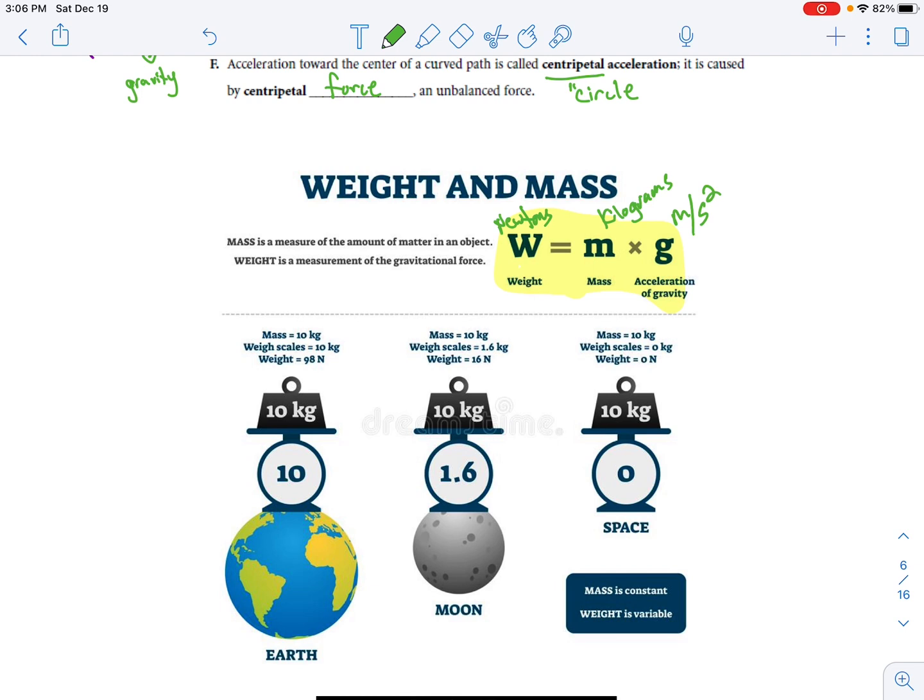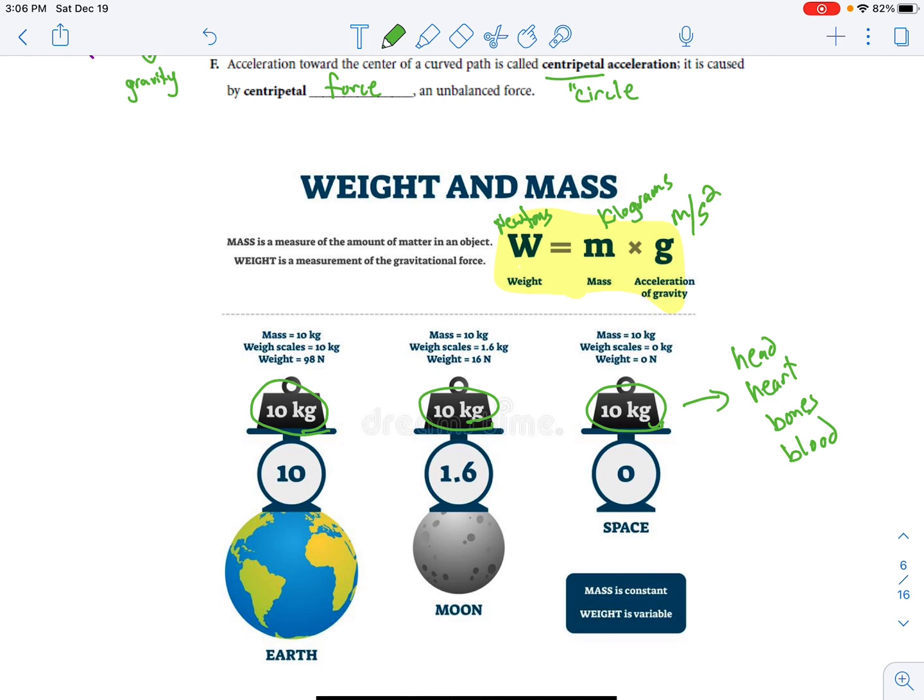And then this picture here shows an example of how on every planet, everywhere you go, your mass stays the same. The reason is mass is all of your parts together. Your head, your heart, your bones, your blood, none of those things change when you go from Earth to the moon.